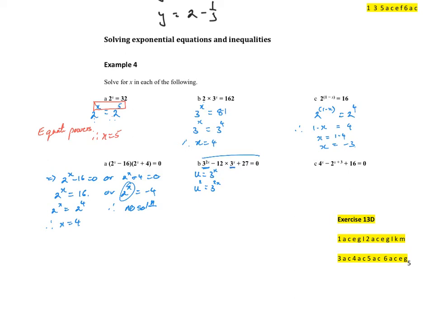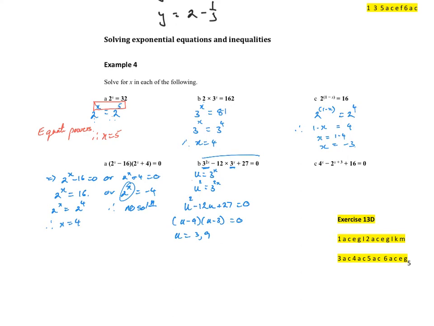Then if I swap those around just to make it familiar, I can write that as u squared minus 12u plus 27 is equal to 0. And my factorising should hopefully give me negative 9 and negative 3. So u minus 9 and u minus 3 is equal to 0, which means u is equal to 3 or 9. Now u is something I introduced.